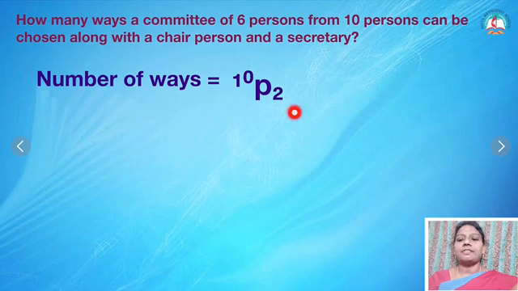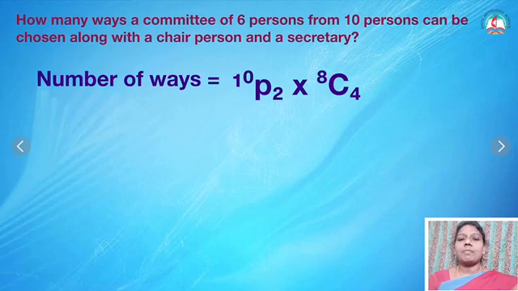Out of 10, first we are fixing these 2 persons. Okay. Then how many more do I need? For 6 persons in a committee, we need the remaining 4. Remaining 4 members will be taken from the remaining 8 persons, because already we have selected 2 persons. Therefore, we will get 8C4.